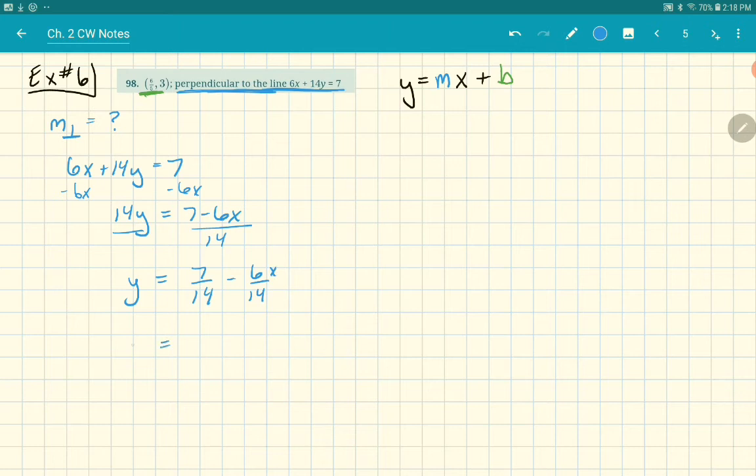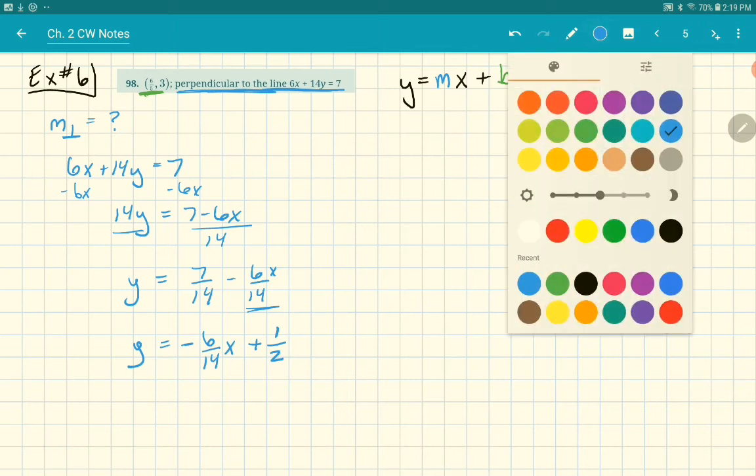Simplifying that, I'm going to swap my term with the x in it because I like to have my slope out in front. So I'm going to write that as negative 6 over 14 x plus 7 over 14, but I can reduce 7 over 14 to 1 over 2.